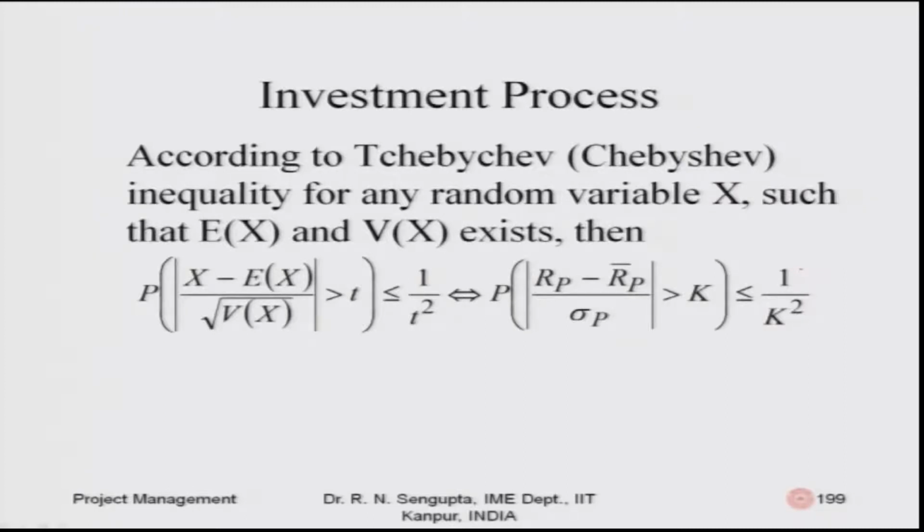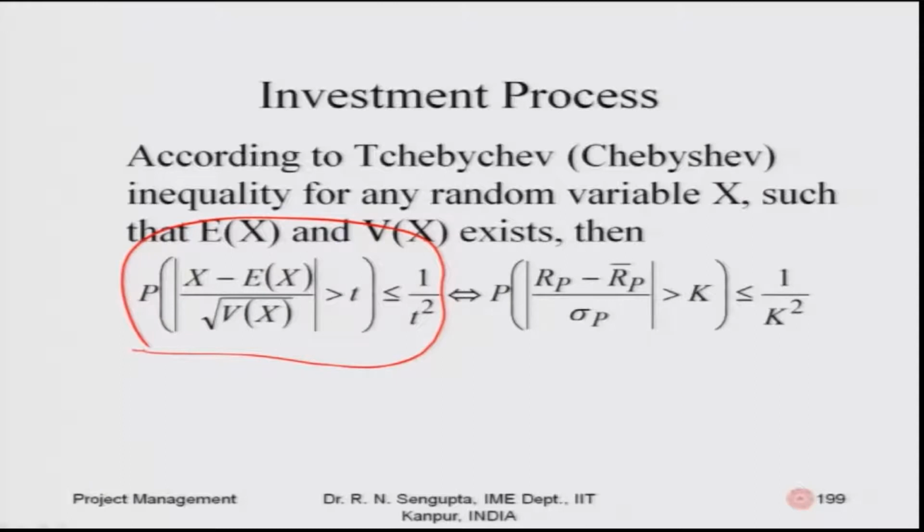Then we know that the probability that the difference between x and the expected value, divided by the standard deviation or the square root of the variance, is greater than some t value, where t is some fixed value you have set for yourself, is less than or equal to 1 by t square. If you go to statistics, you will understand the overall implication of Chebyshev's inequality.